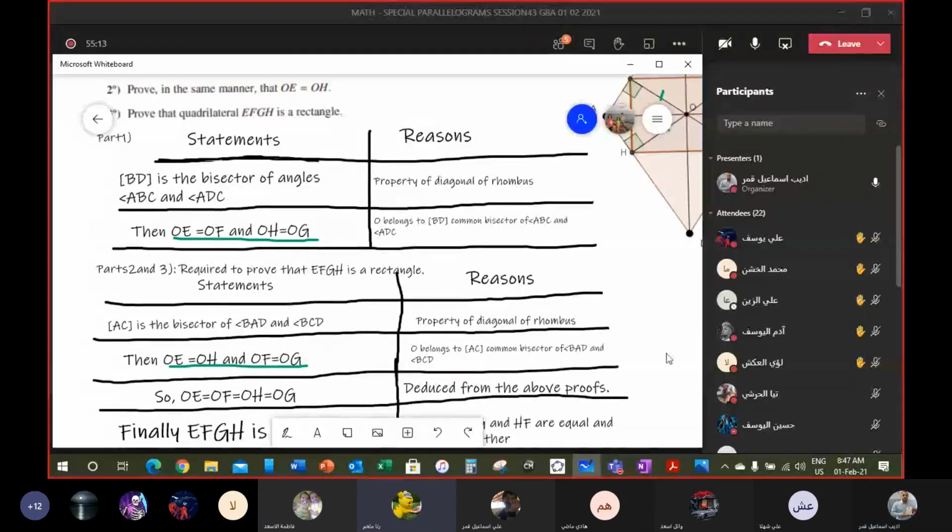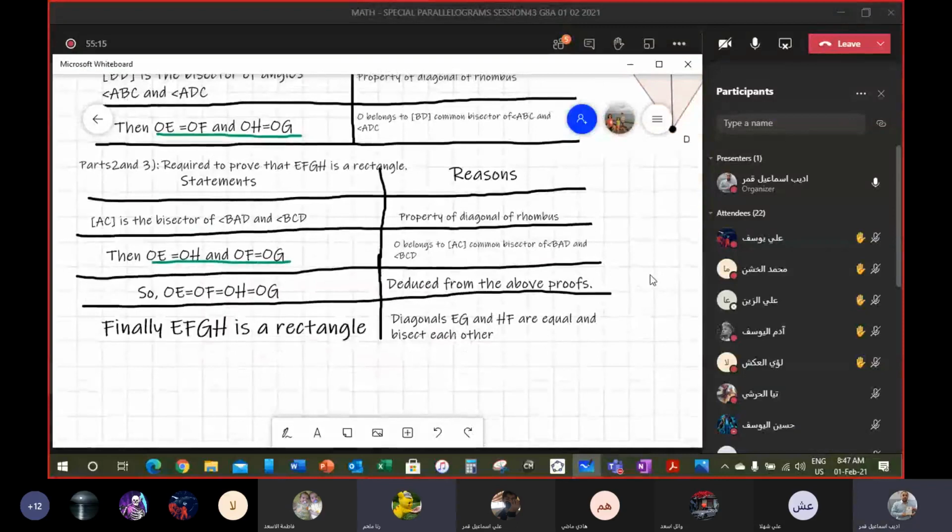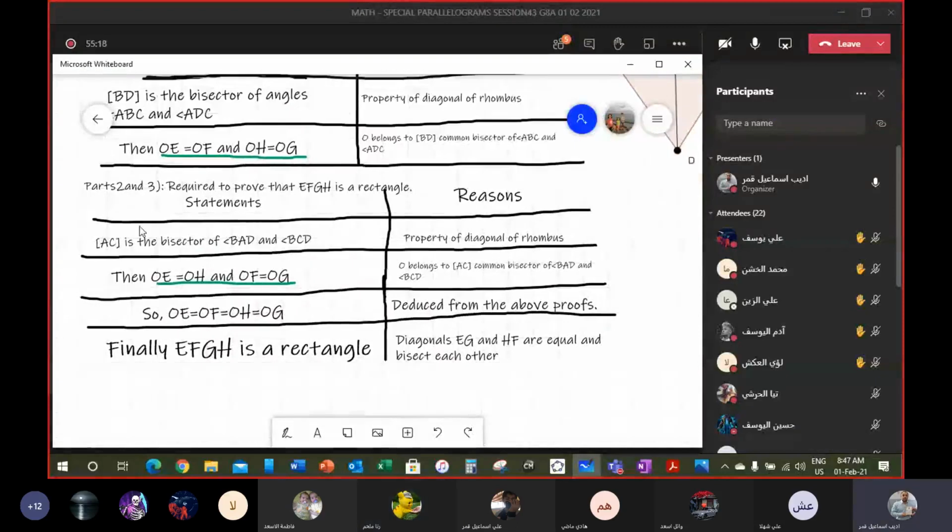أستاذ يعني part 2 وين مع part 1 بالتيبل؟ لا بارت 2 هي هيدا بارت 2. رح احط لك عليه بارت 2. هيدا بارت 2 وهيدا بارت 2. انا حاطط بارتس 2 and 3 مع بعض، كنت مغلط، مش لازم احط بارت 1 and 2 مع بعضهم، لازم احط بارتس 2 and 3 مع بعض. اذا هيدا بارت 2. اوكي، بيرجع عندي بارت 3 هو بس deduction، انه بيطلع عندي OE equal OF equal OH equal OG deduced from the above proofs، يعني من ال1 ومن ال2.